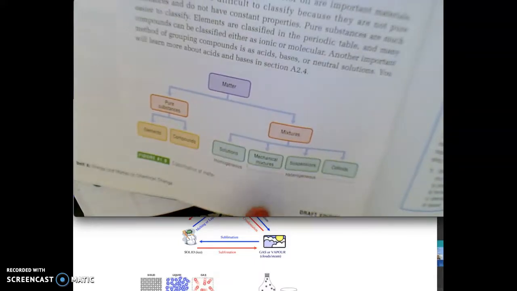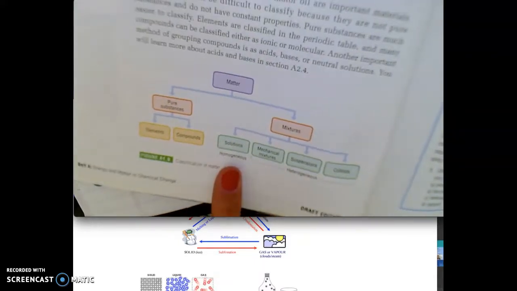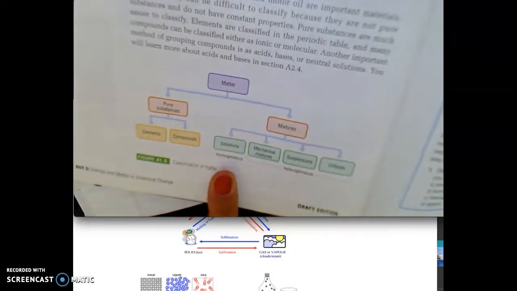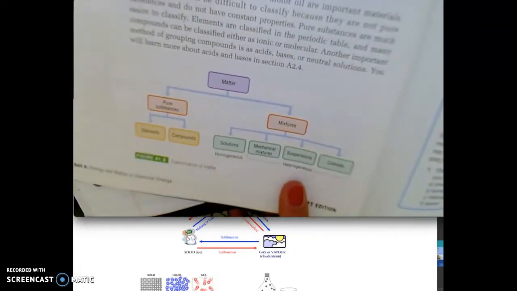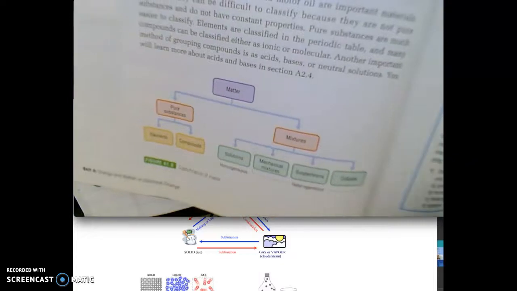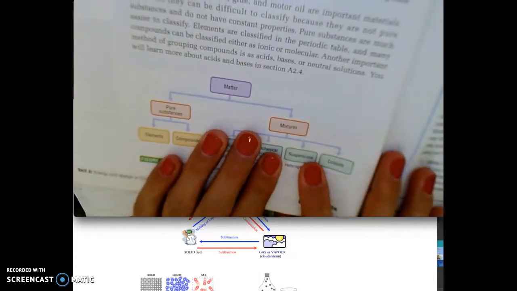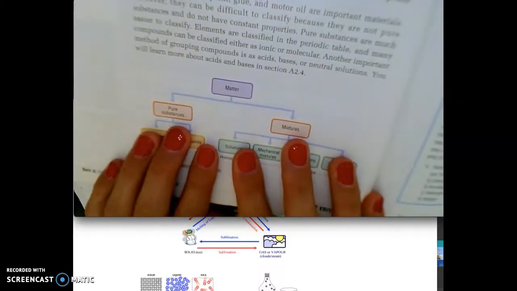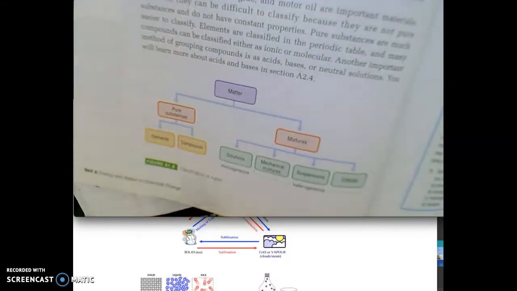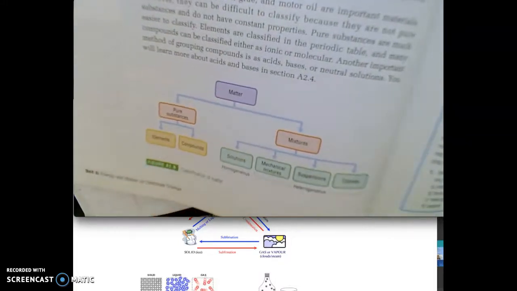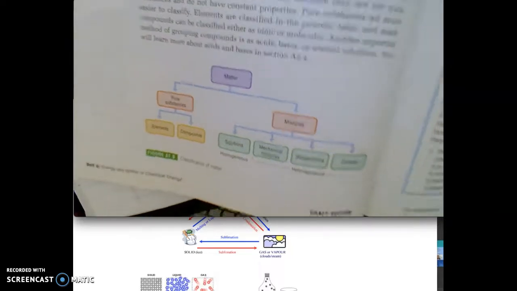Sometimes they call this a homogeneous mixture or a heterogeneous one. The clue there is hetero, it means different. Homo means same. We're going to go through that in a few minutes on PowerPoint with better pictures, but I do want to point out that it exists in your textbook.